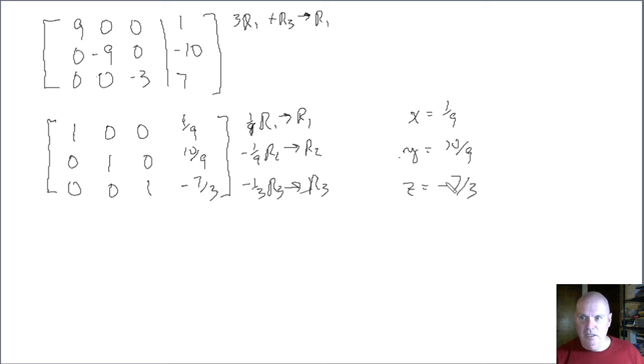Again, this is the solution to the original system of equations that I started with. You can take these values and substitute them back into the original system of equations, and you'll see that this is, in this case, the one and only solution to that system of equations that had three unknowns and three equations.